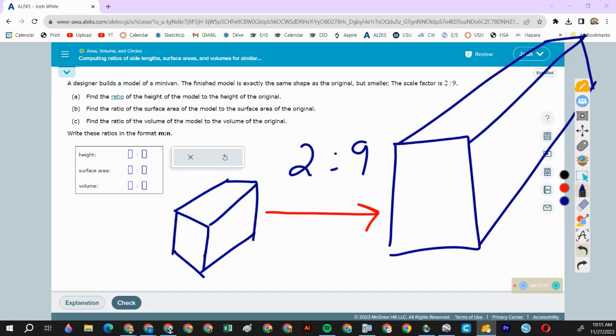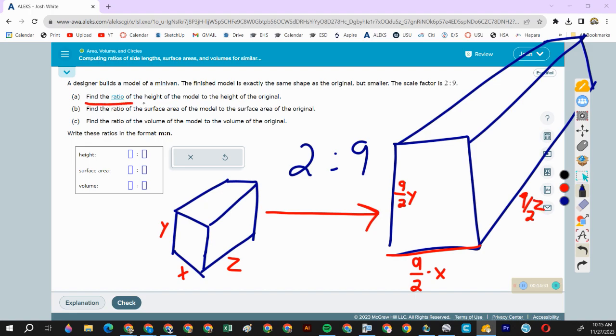Okay. So if this is my x direction, then this length here is going to be 9/2 times x. If this is my y direction, then this length here is going to be 9/2 times y. And if this is my z direction, then this is going to be 9/2 z.